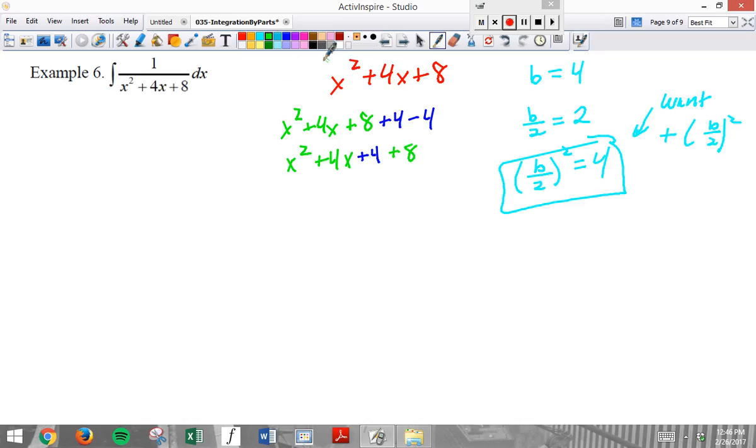Plus 8 minus 4. And then we condense into x squared plus 4x plus 4, a perfect square, plus 4. This hanger-on part.